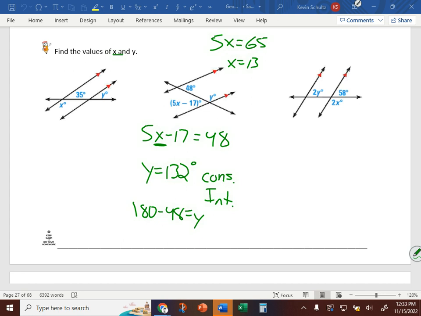Okay, your assignments for Thursday. For the last one, is X gonna be the angle or is it just the variable? X is the variable. The whole angle is 2x.